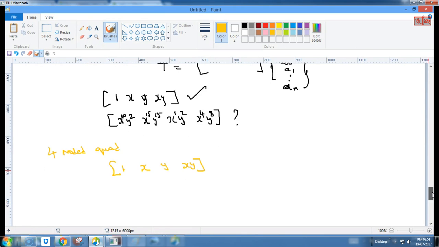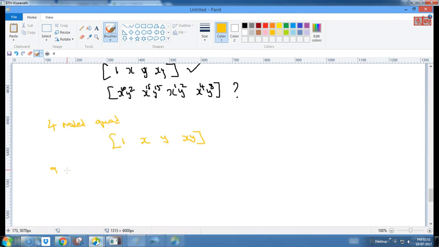Similarly, for a 9-noded quad, the best choice is 1, x, y, xy, x square, y square, x square y, x y square, and x square y square.